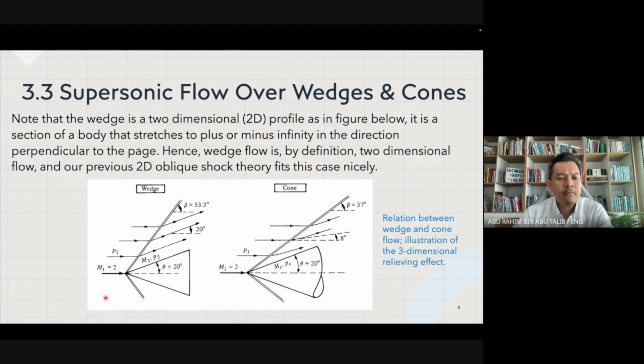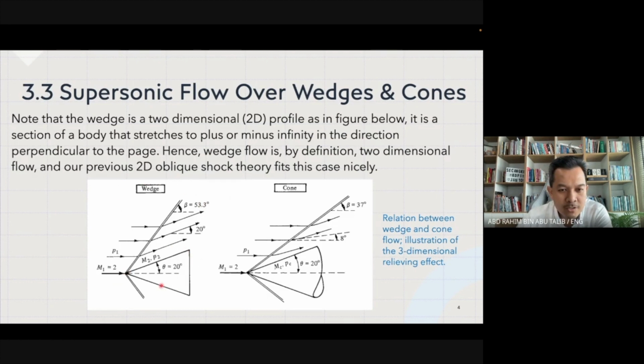From our early understanding of oblique shock wave, you have to refer back to last week's lecture. We note that the wedge is a two-dimensional, 2D, profile as in the figure below. So this is the figure that we are talking about, the wedge.